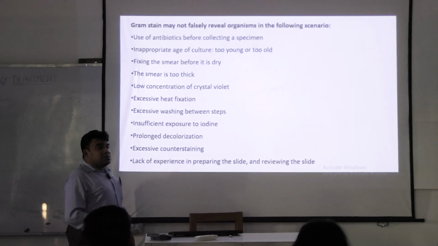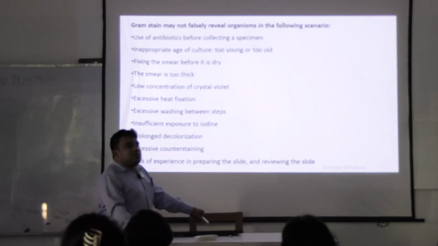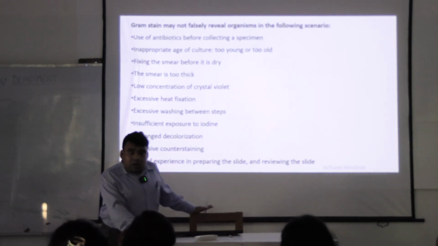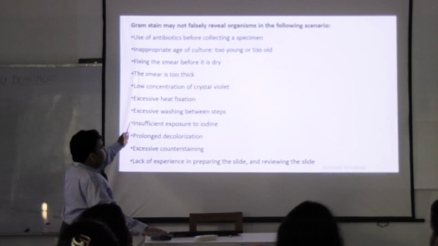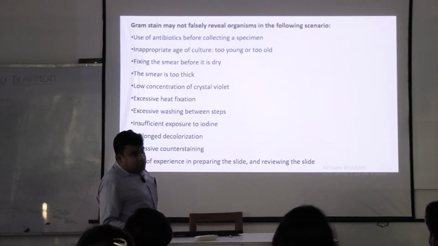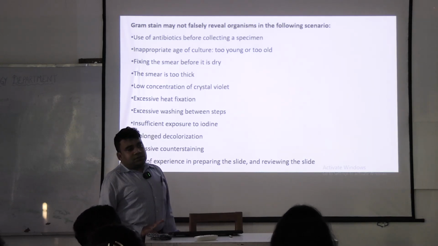It could be because the smear is so thick that the whole procedure has gone haywire. Over or under decolorization can occur if you are making a thick smear. Then prolonged decolorization, excessive counter staining, all these can alter the appearance.